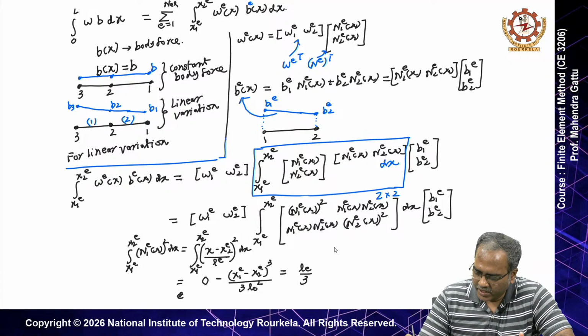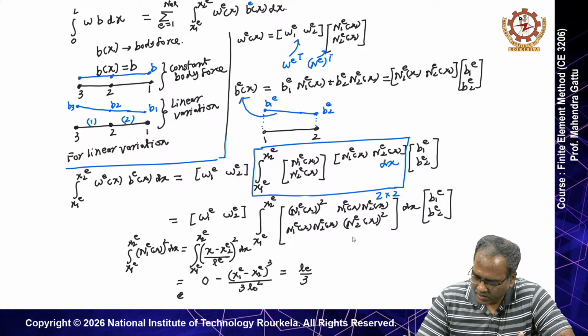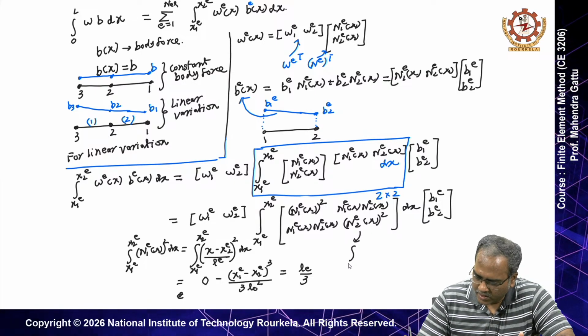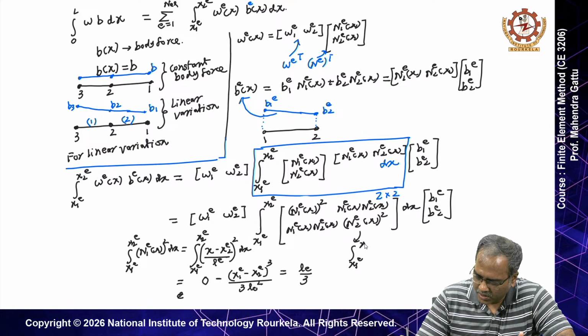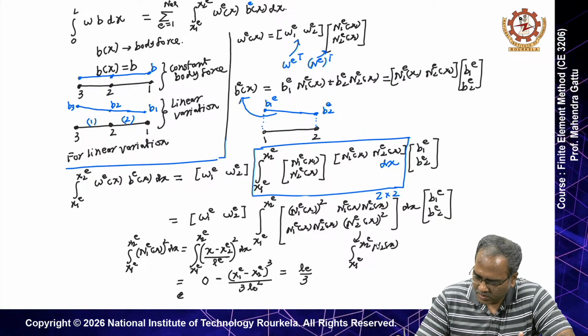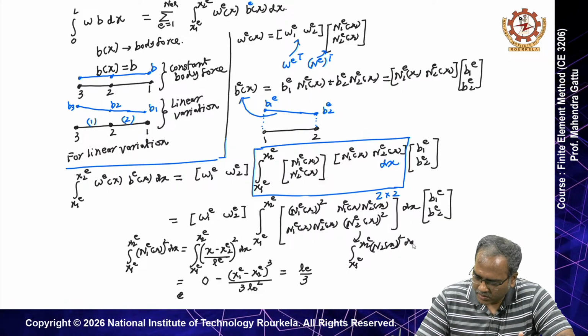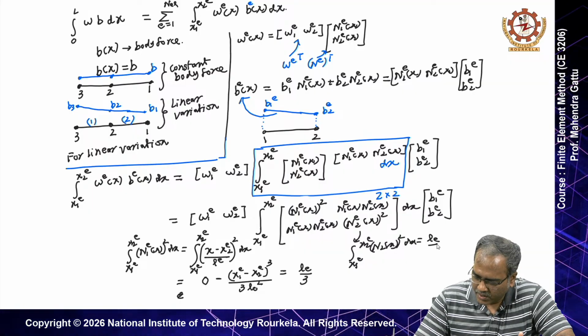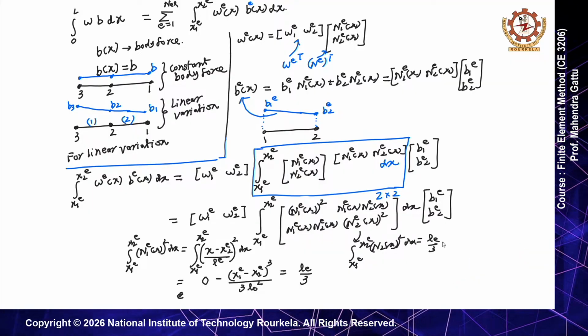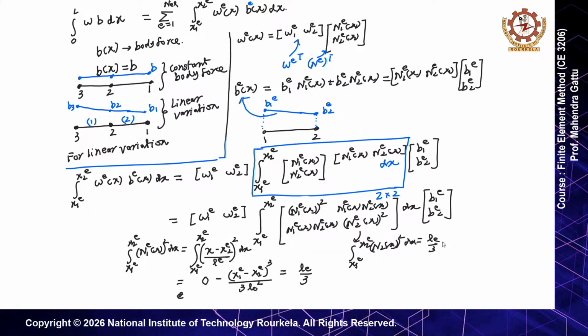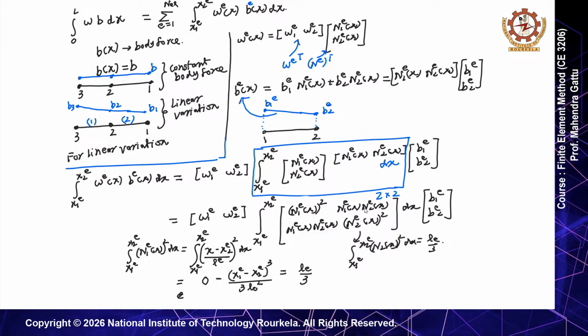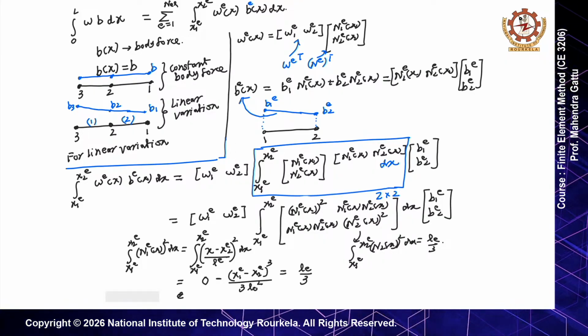Similarly, the other integral, the integral from x1 e to x2 e of n2 of x whole square dx, we get as le by 3. And then the n1 e n2 e integral we can evaluate in the next slide.